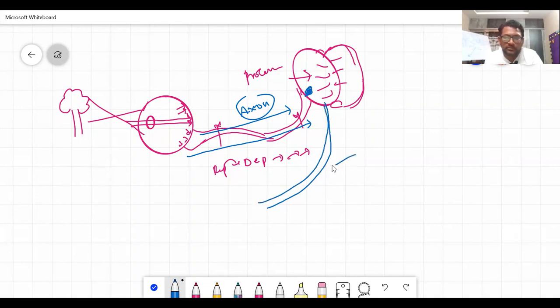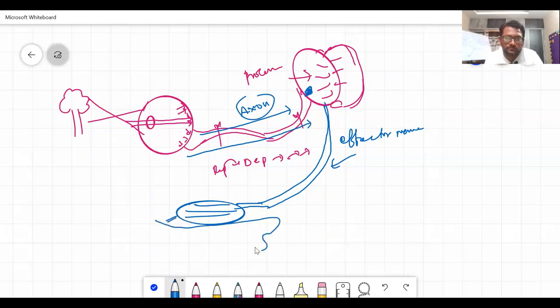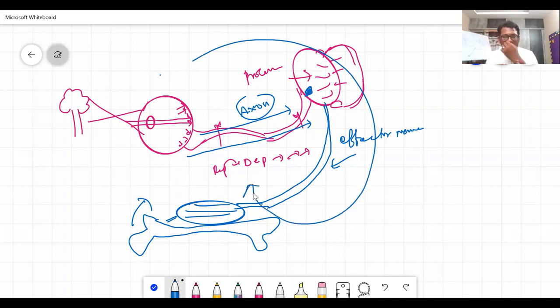The effector nerve cells or neurons would connect to the muscles, and these muscles are connected to bone, and movement would be occurring. So this is how the signaling is taken care of. So this is the basics of neuronal structure and function.